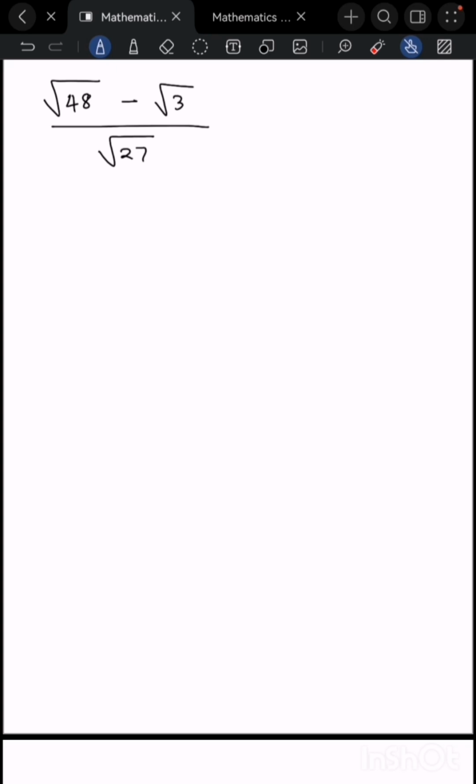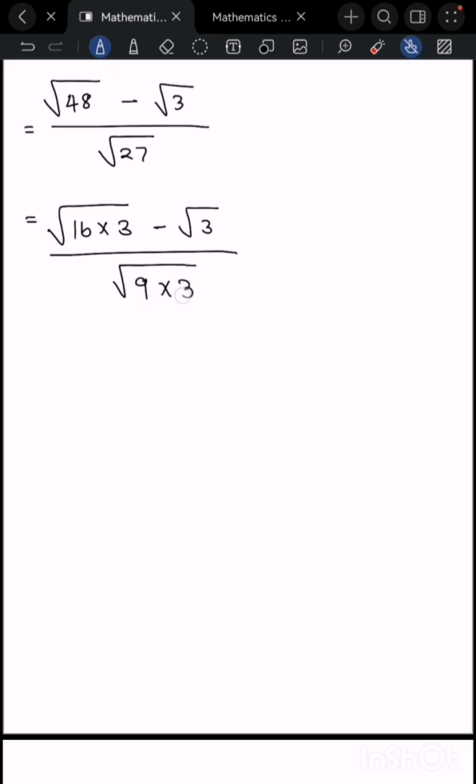All right. The square root of 48 minus the square root of 3, divided by the square root of 27. Again, we're going to look for the factors of 48. The factors of 48 are 16 times 3, minus the square root of 3, all divided by the square root of 27, which is 9 times 3.